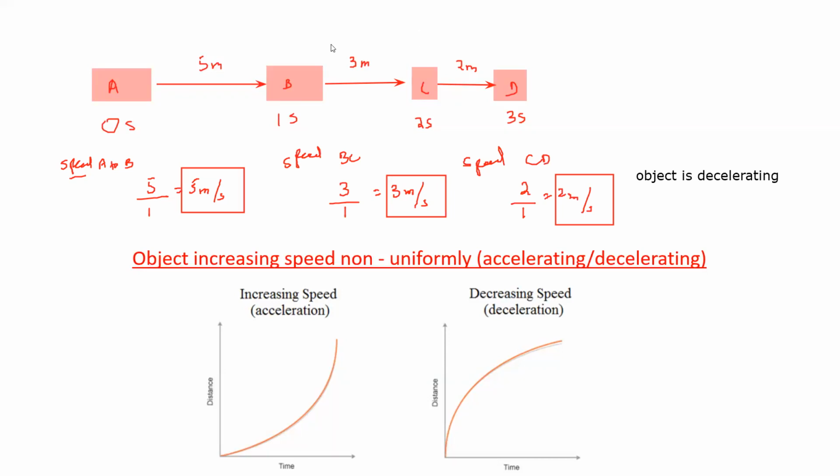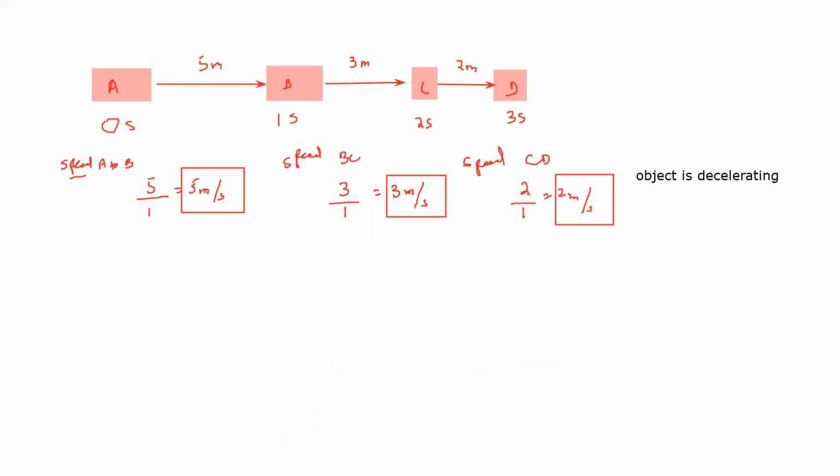And if we want to sketch a distance time graph to show that the object is decelerating, on x-axis we have time, on y-axis we have the distance. Distance is in meters and time is in seconds.